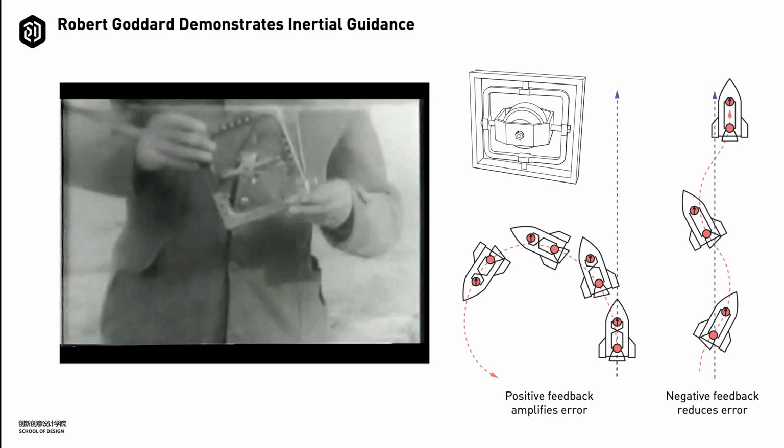So I have a very, very old video here. I think this was filmed more than 100 years ago. The person that you see in this very grainy looking video is Robert Goddard. Goddard was an early American rocket researcher.